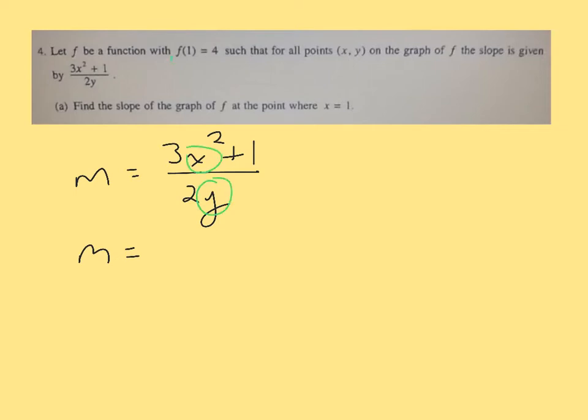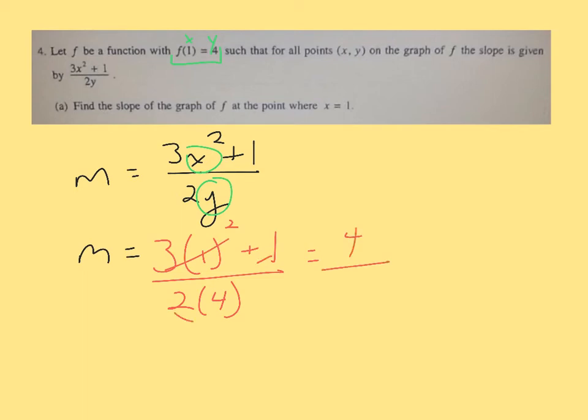Well, I have that right here. There's my x value, there's my y value. So my slope becomes (3 times 1 squared plus 1) over (2 times 4). So 3 plus 1 is 4. This is 2 times 4, that is 8. I'm going to reduce that. My slope is 1/2.